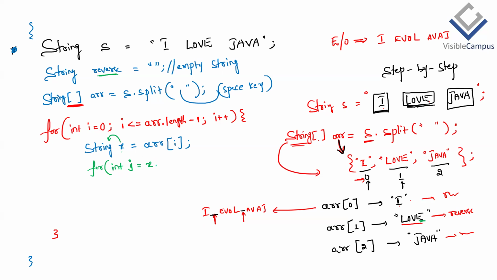Syntactically wrong. So X dot length method minus 1. Then j should be greater than or equal to 0. Then j should be decremented, j minus minus. So this is the for loop. So what is the purpose of this for loop?